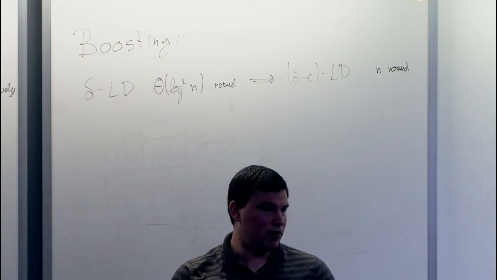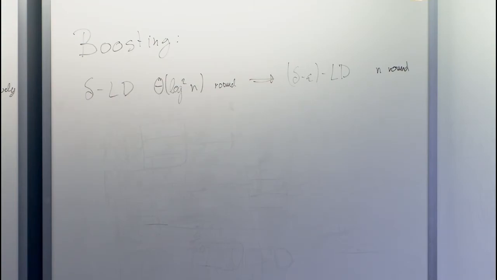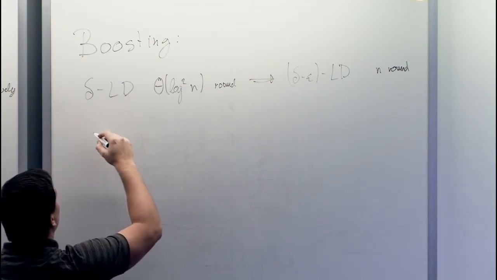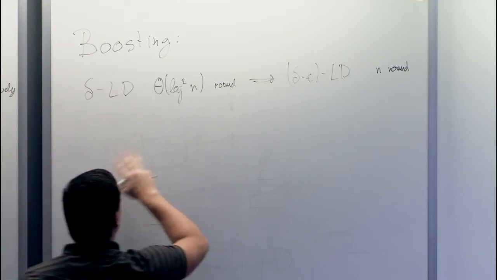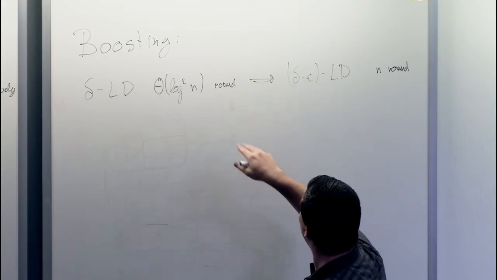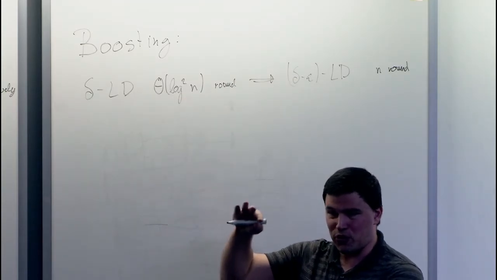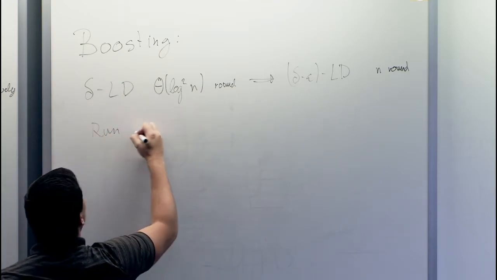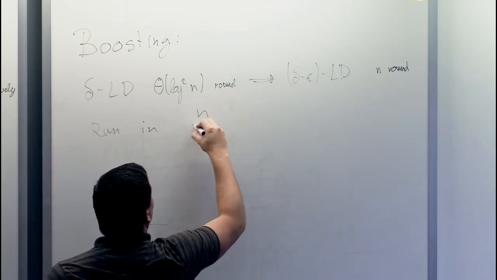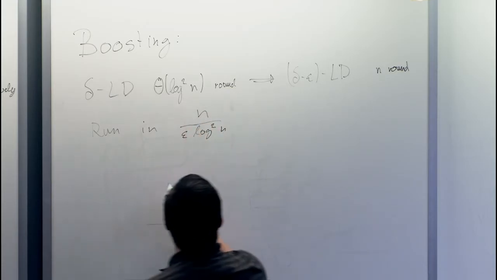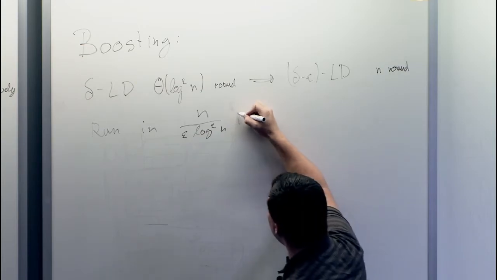Clear what we want? Cool. So how are we going to do this? Well, basically, we try to compute this whole thing in blocks of size log squared, and we're going to protect each of these things. Right? So we run in n over log squared n times a constant, so over epsilon, many iterations.